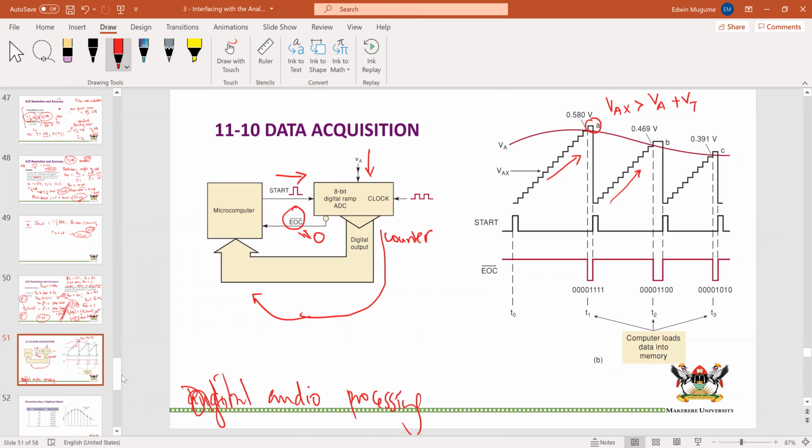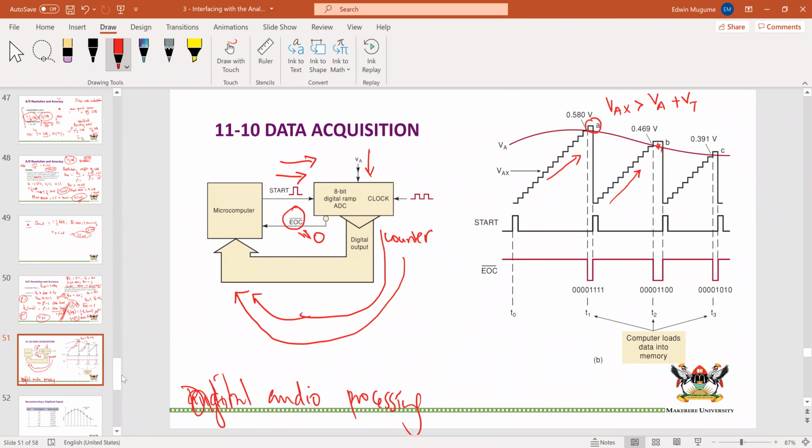It will convert until it meets the analog signal, and it will give an EOC of 0, and then the microcomputer will pick up that signal and keep it in its memory, and give the next start signal. And so that is how you get your analog signal converted into digital signal and stored within the computer.